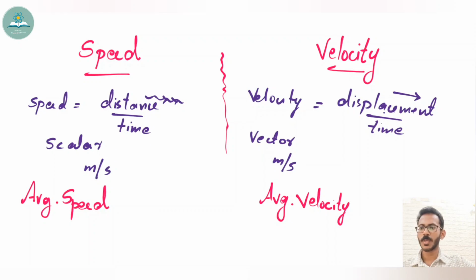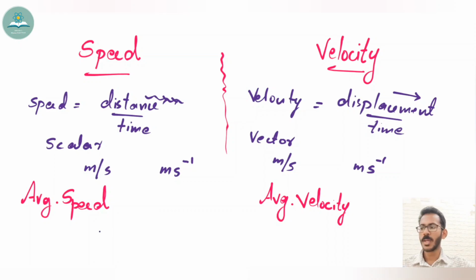Here also SI unit of displacement is meter, SI unit of time is second. This meter per second is usually represented as meter second raised to -1 in your textbook, because when the denominator comes to numerator, the sign of the power will change. So meter per second or meter second raised to -1 can be used.